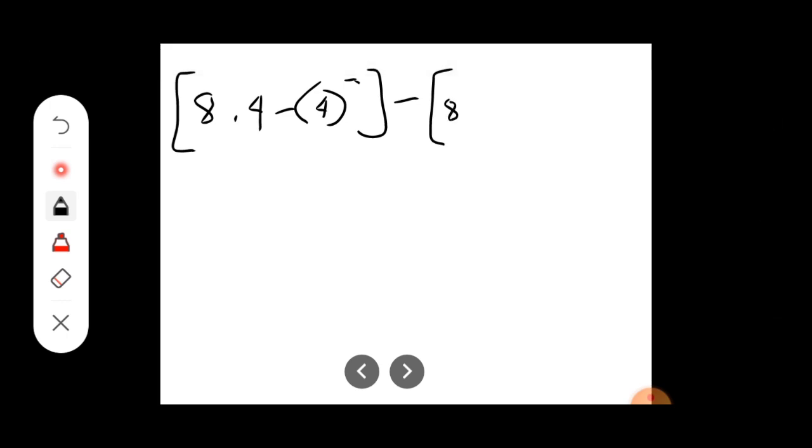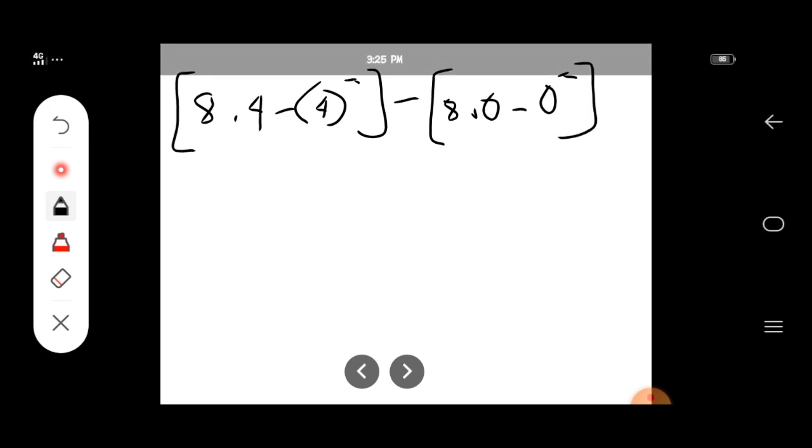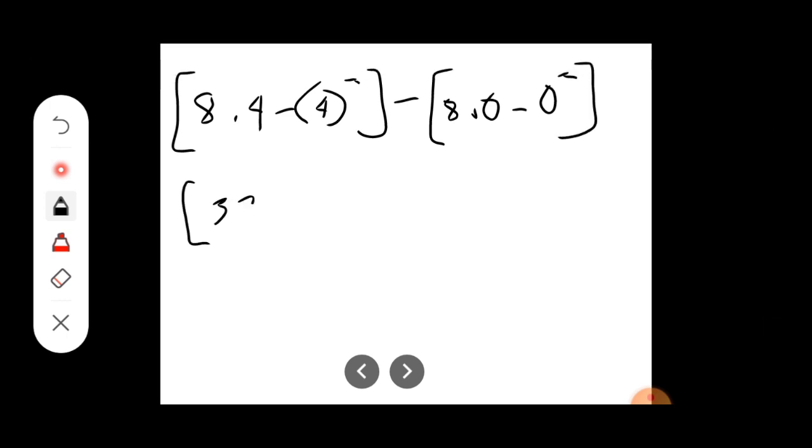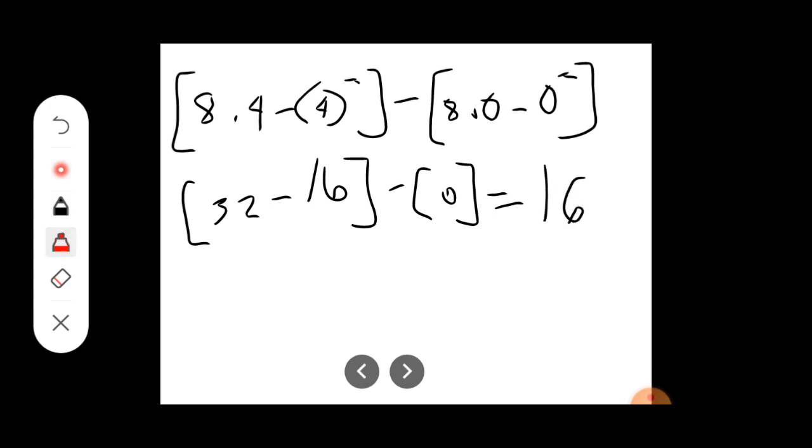Let's plug in the 4, minus plug in the 0. 8 times 4 is 32. 4 squared is 16. Then 8 times 0 minus 0 squared is 0. So 32 minus 16 minus 0 is 16. So our answer is correct. It's 16.